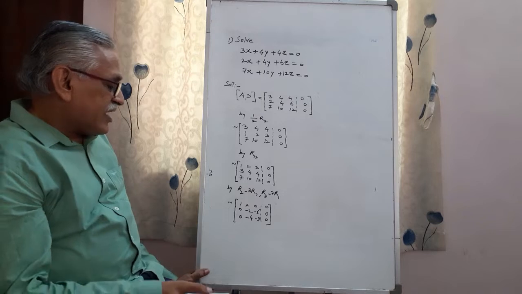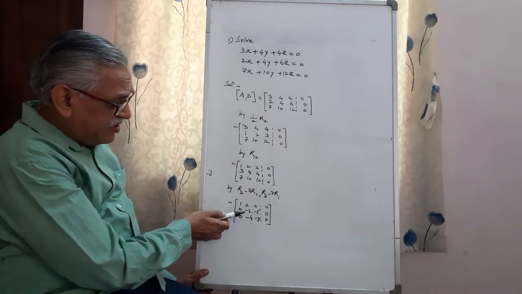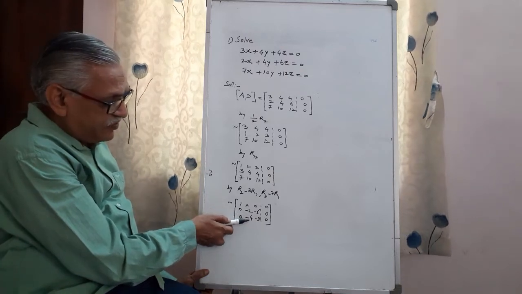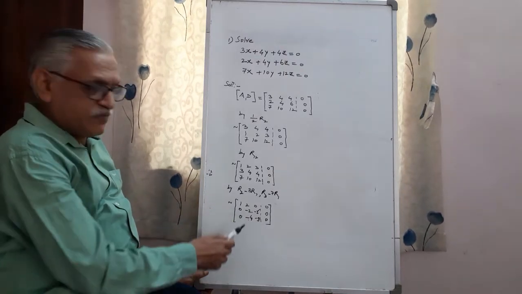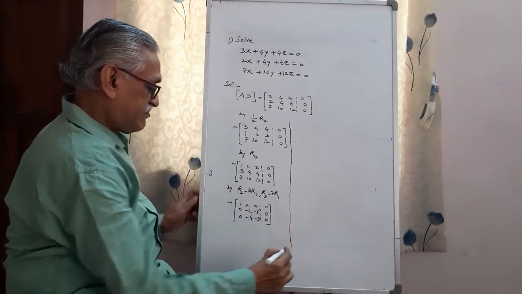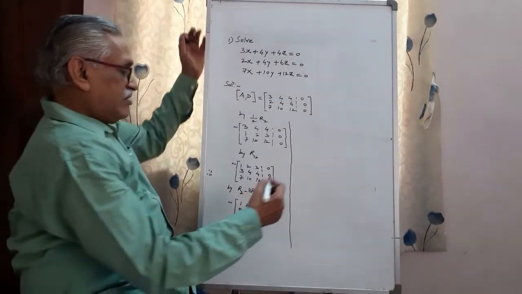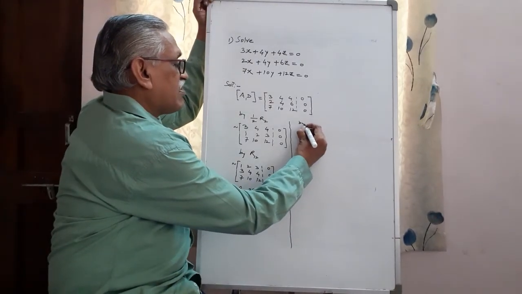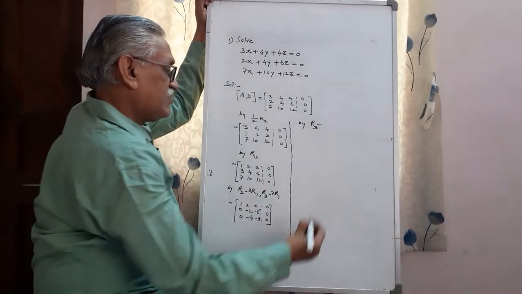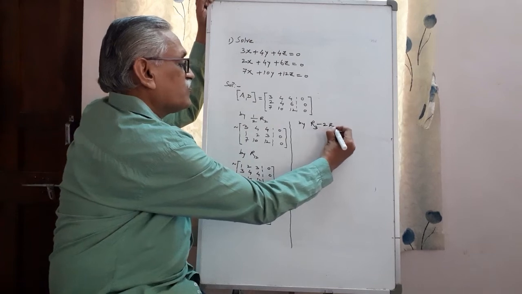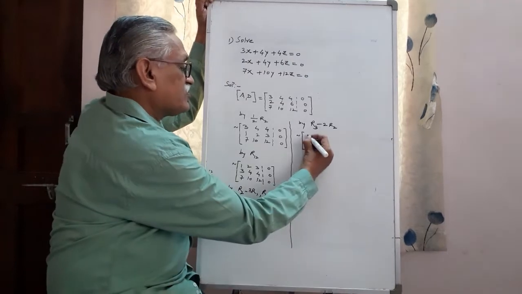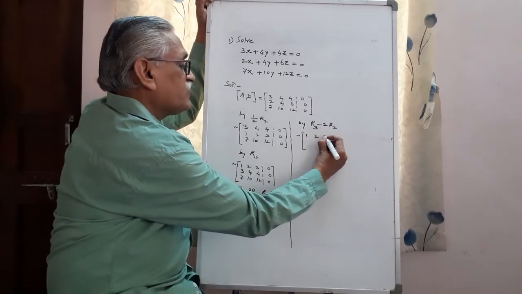Okay. Then using this second diagonal element minus 2, which is non-zero, we can convert the element below it to 0. Minus 4 plus 4 is 0, meaning the required transformation is R3 minus 2 times R2. We get first row no change, 1 2 3 0.